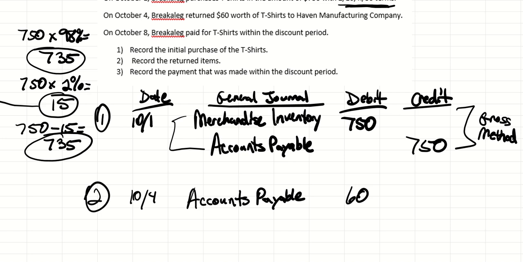That's going to reduce the balance in the accounts payable account, or reduce what Break a Leg Clothing Company owes, and we're going to credit merchandise inventory by that same amount, because the company is not going to include that in their inventory account, since they're not going to sell that to a customer or put it out on the floor for customers to buy.